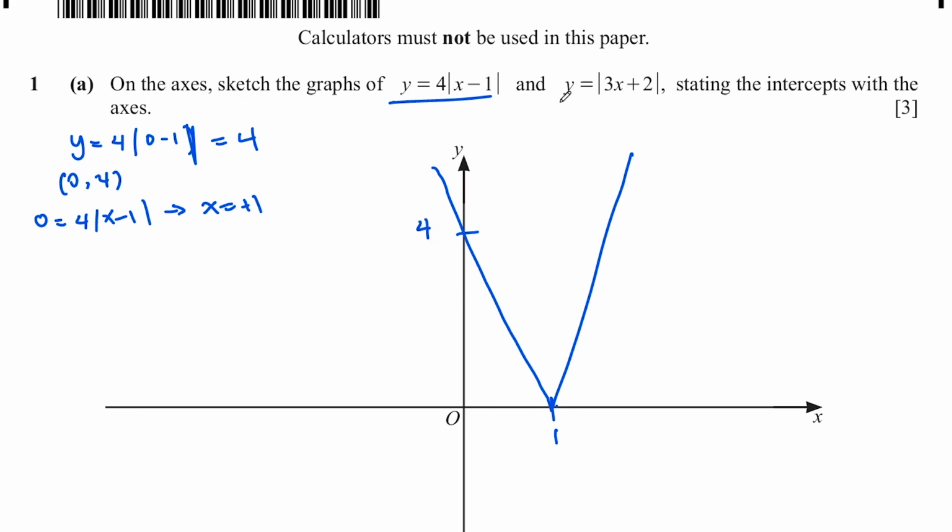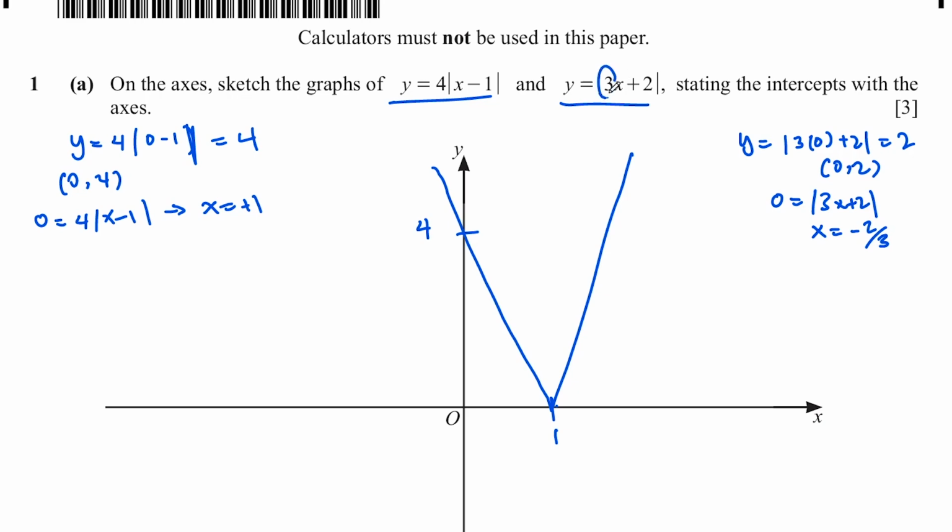So next we're looking at the other modulus graph. For here, again, for the y-intercept, we set x equals to 0, so y will be equals to 2, and then for the x-intercept, we set y equals to 0. Right, so x will be negative 2 over 3.